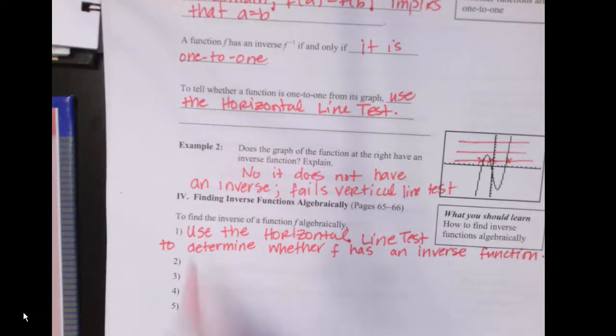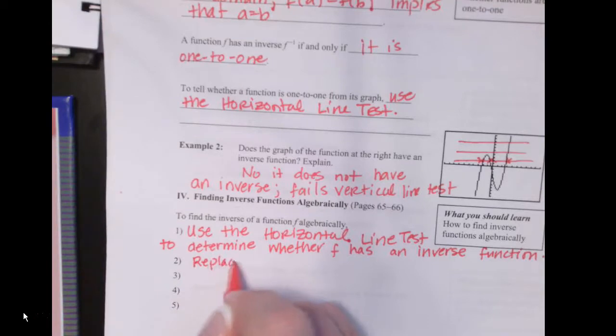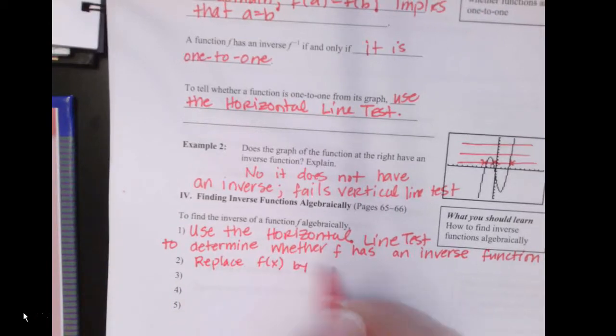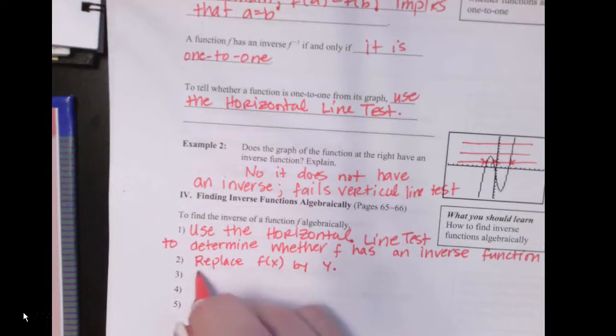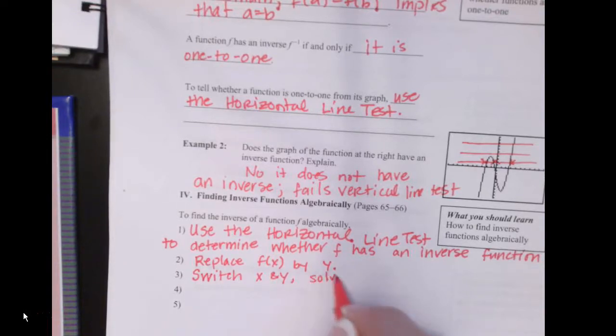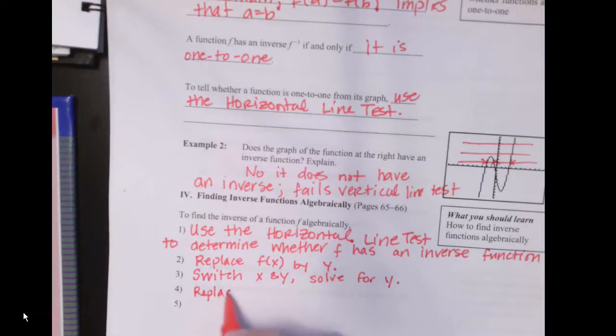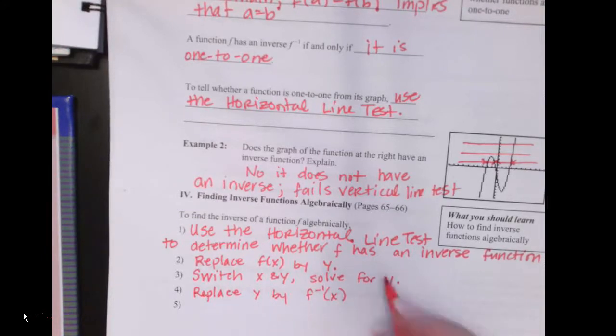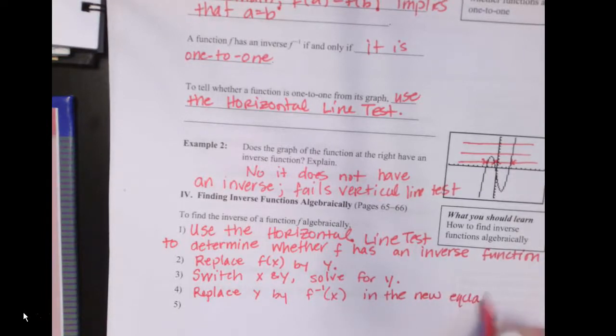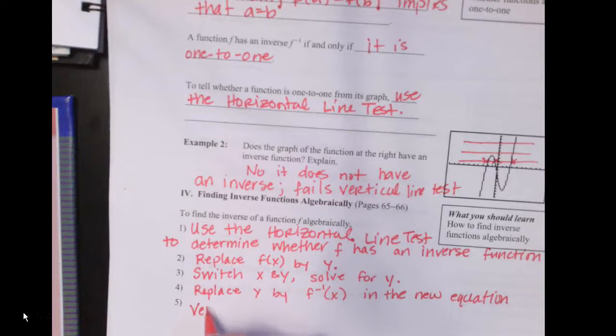And then replace f of x by y. They use some bigger words. I'm just going to say switch x and y, solve for y, replace y by the inverse of x, or f to the negative 1 of x in the new equation. And then verify that they're inverse functions of each other.